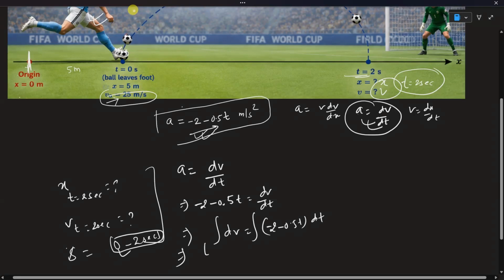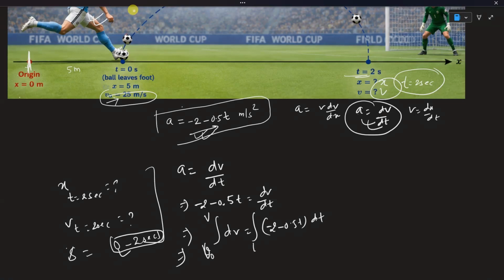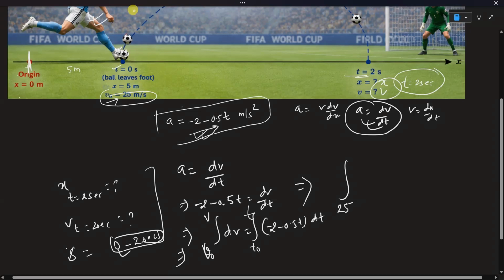At first I will write it in terms of initial velocity, the final velocity v, initial time t naught, and final time t. At first I will try to make the equation. Initial velocity is given as 25 meters per second at the instant when the ball leaves the striker Haaland.